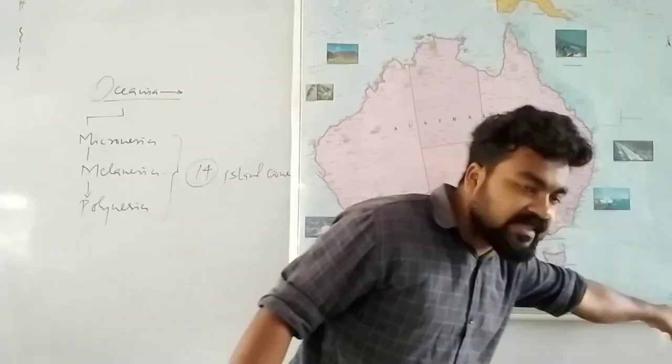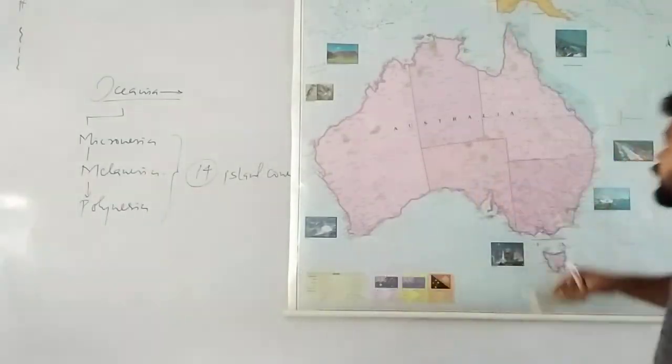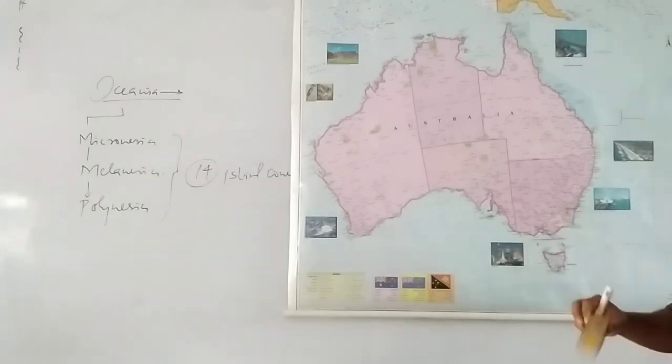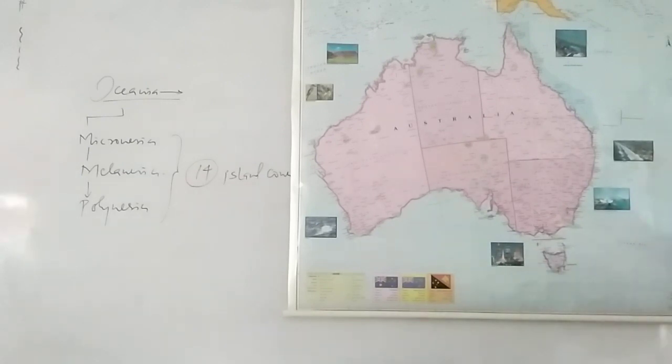Along with this, New Zealand is there. Again, different islands are there: Papua New Guinea, Port Moresby, Coral Island, Vanuatu, Port Vila, Solomon Islands, Marshall Islands. Then so many other islands are there, and the Fiji Islands. In New Zealand there are two capitals, Hamilton and Wellington.